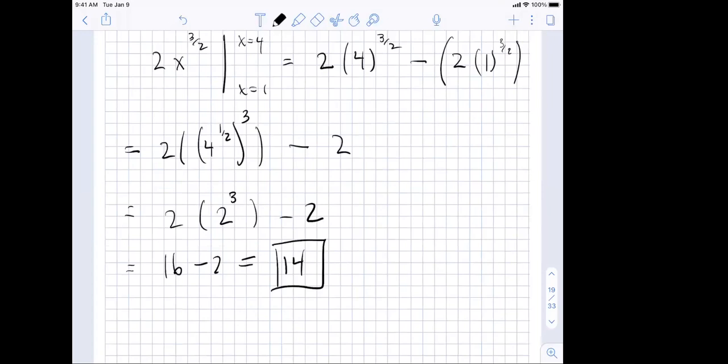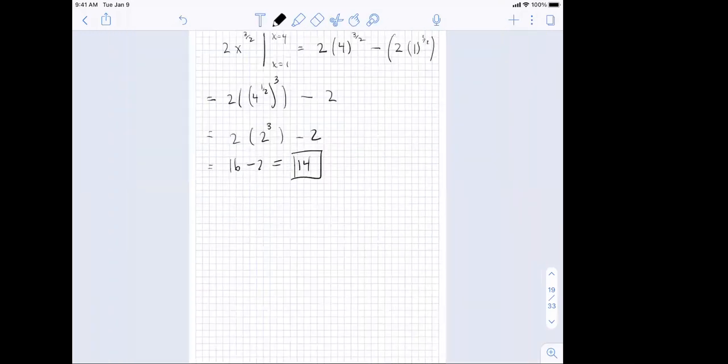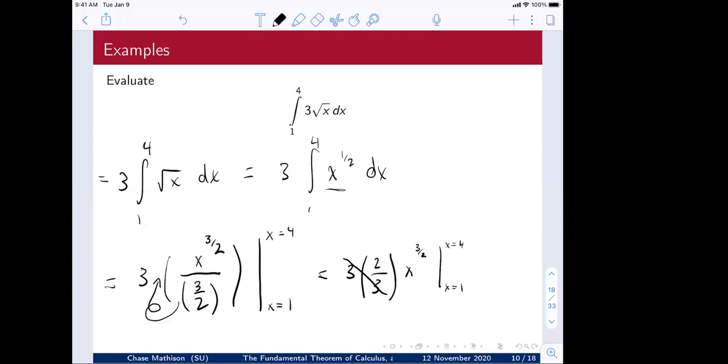Questions on that? Cool beans. So the power rule is going to be one of your best friends. Just like with differentiation, I mean, we differentiate a lot of polynomials and rational functions.